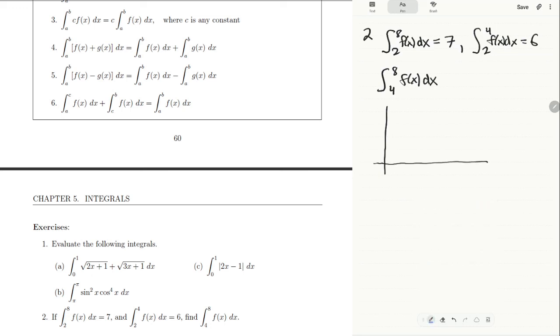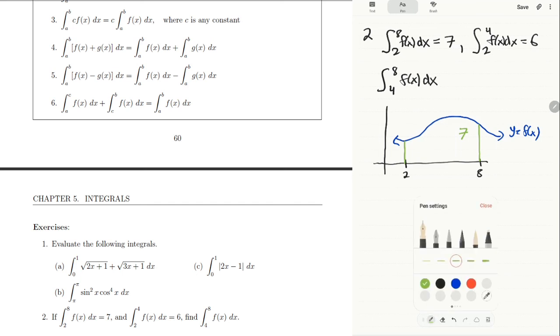So suppose we have some function, and so the integral from 2 to 8 is equal to 7. Okay, so that means the area under the curve on this interval is equal to 7. Now we're also given that the integral from 2 to 4 is equal to 6.